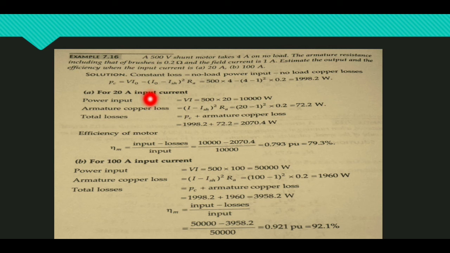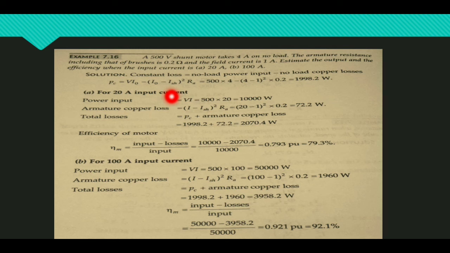IA square R loss is the copper loss of the armature, because the shunt field loss is not taken into account. I0 is the total supply current. So IA means I0 minus ISH, because the value of ISH is very small. So the main loss is the armature copper loss, I0 minus ISH squared, that is IA.